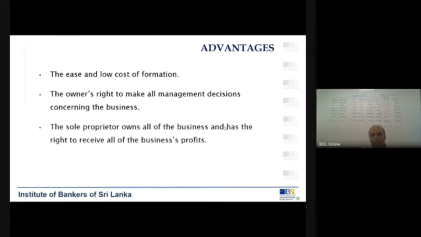The sole proprietor owns all of the business and has the right to receive all of the profits. Now here we are talking about profits. So since you are making decisions, you are looking after the business, you are putting in capital, it is your right to take all the profits that you may earn from the business.